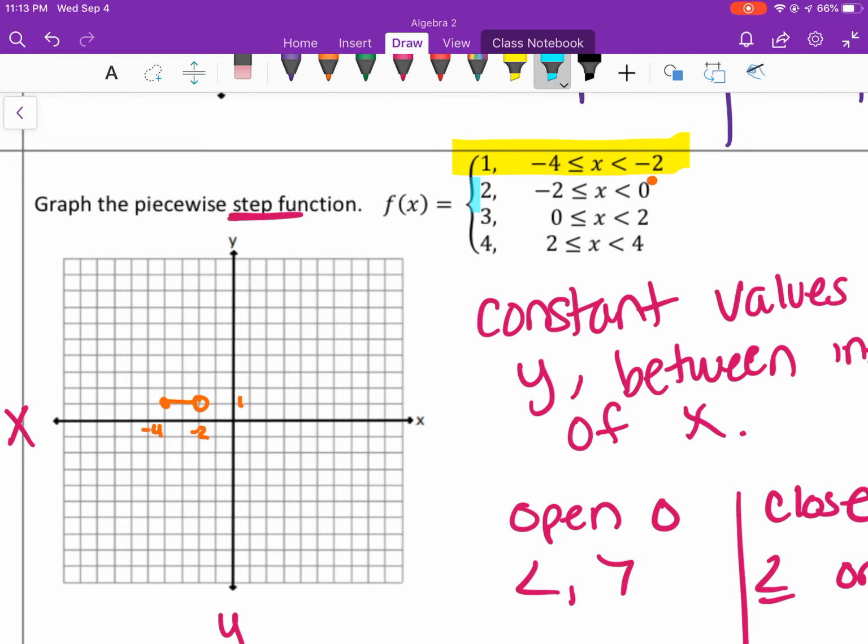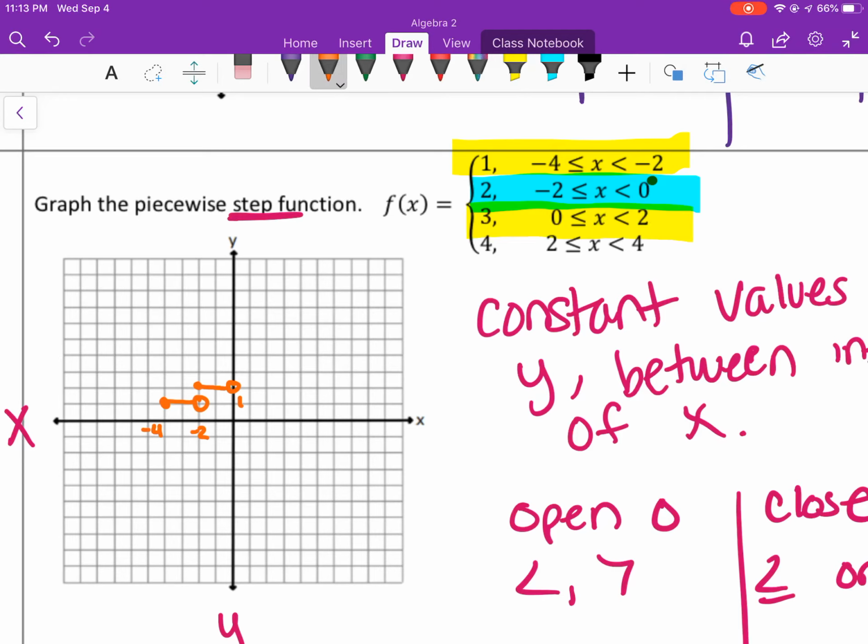And then I'll do the next one here. We got 2, so I go to y equals 2 between -2 and 0. Closed circle at -2, and that one goes to an open circle at 0 for x, and y is equal to 2. Then we got the next one.